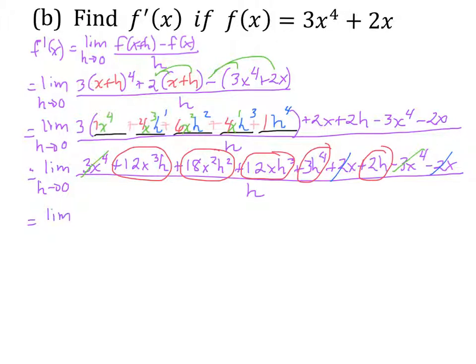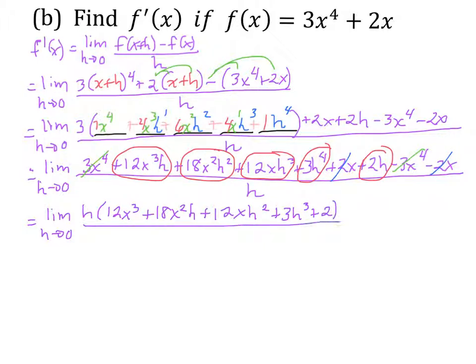So the limit as h approaches 0 of h times 12x cubed plus 18x squared h, I'm factoring out that h, plus 12xh squared plus 3h to the third plus 2. All of that is divided by h. Whew. So cancel out your h.